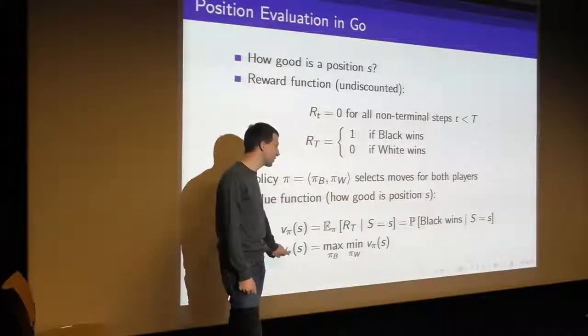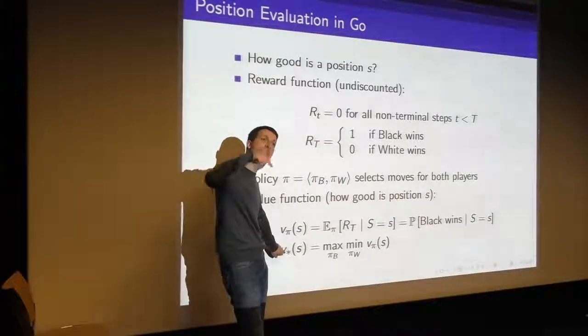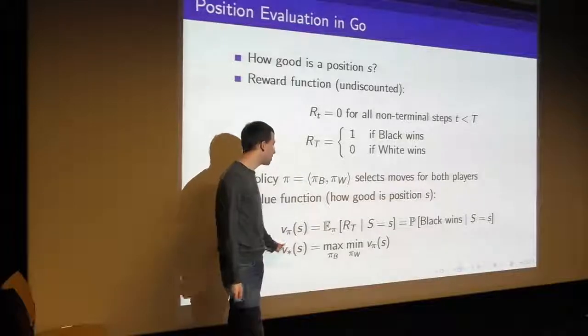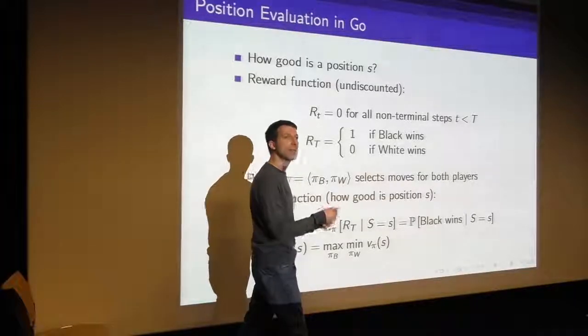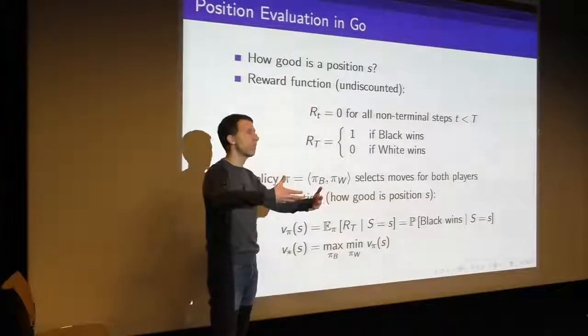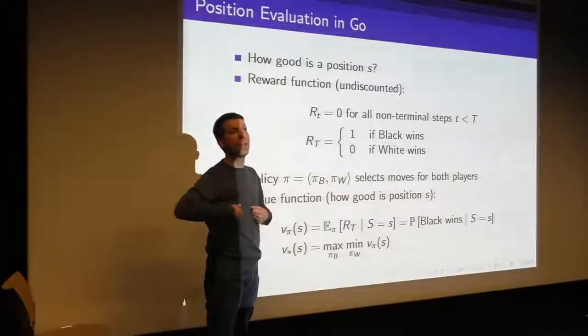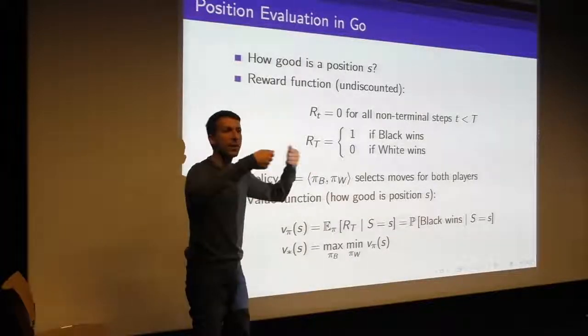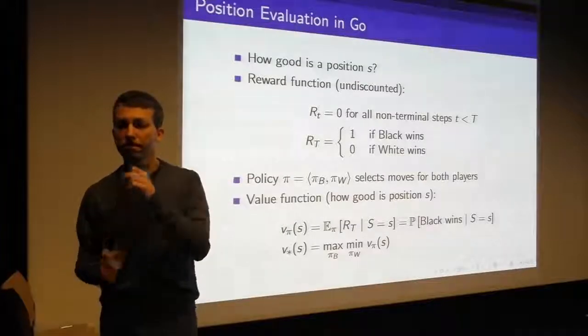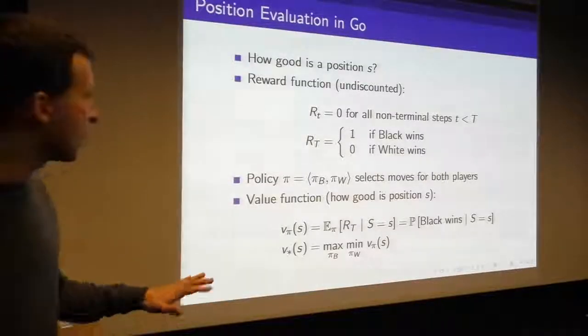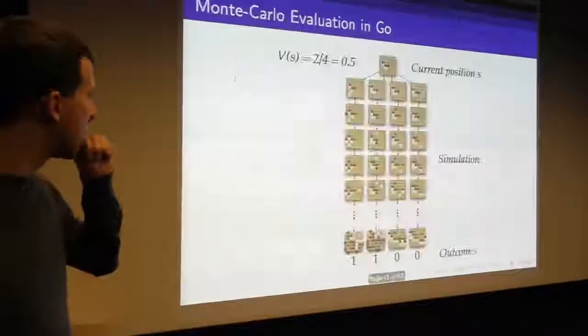But what we really care about is the optimal value function, and this is why we need a search tree. The search tree is trying to find something like the minimax value. Like it's the best way to play if your opponent's trying their best to beat you, and so forth, all the way down the tree. We'll get more into that in the final lecture.